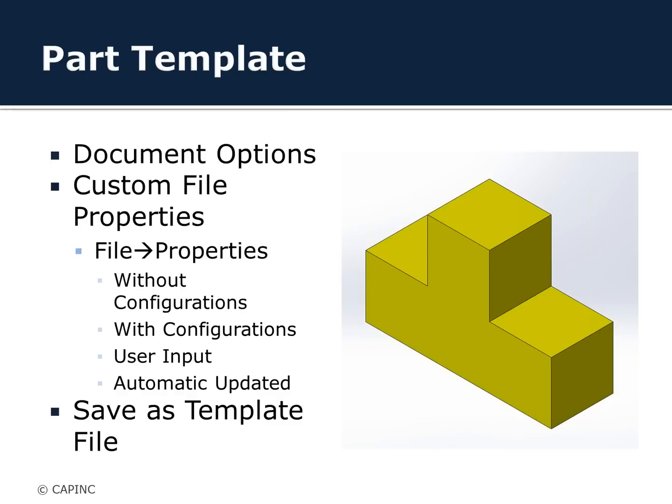If you want a property that knows what the SolidWorks material has been set to, you can have that as an automatic link. Another one is mass. If you have a part and you want to know what the mass is in a particular property, you can do that link as well. And the nice thing is that whenever that changes, the property will automatically update.